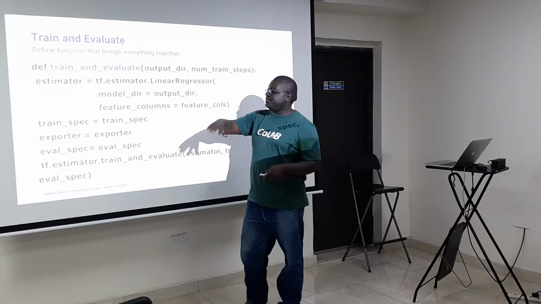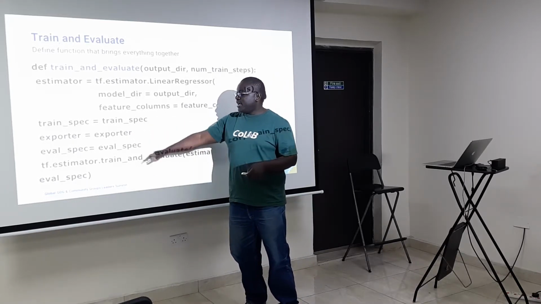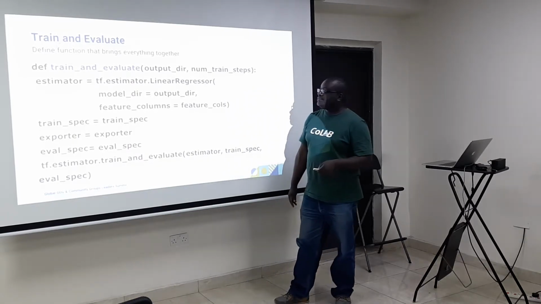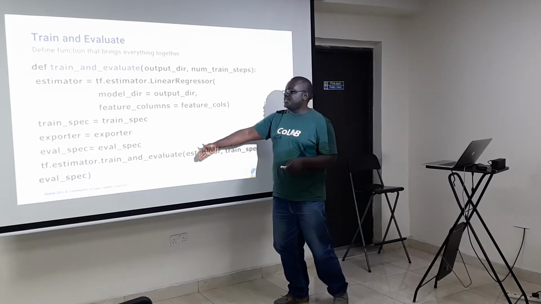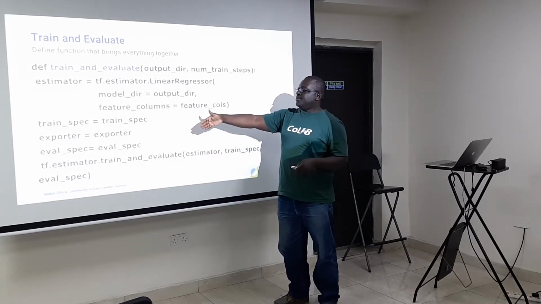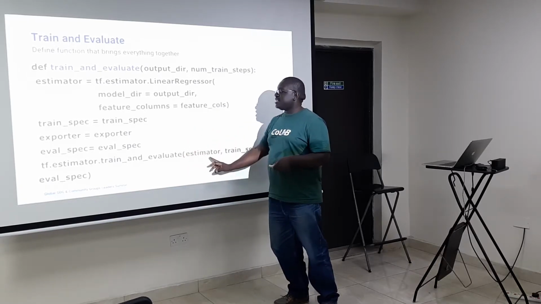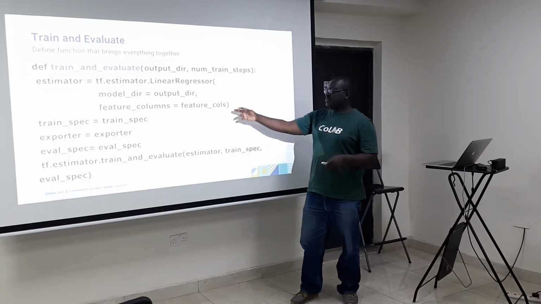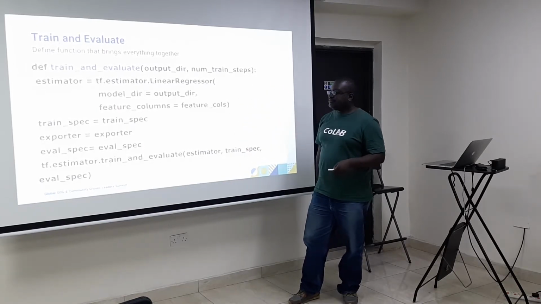Prior to now, we have defined a training spec, an exporter, and an evaluation spec, and then what we do at the end of the function is we call tf.estimator.train_and_evaluate, and we pass in the estimator that we just created up here, the training spec which we defined, and the evaluation spec which we defined.